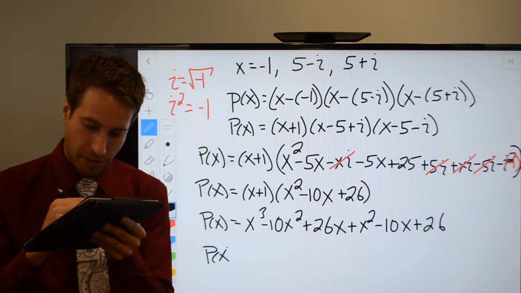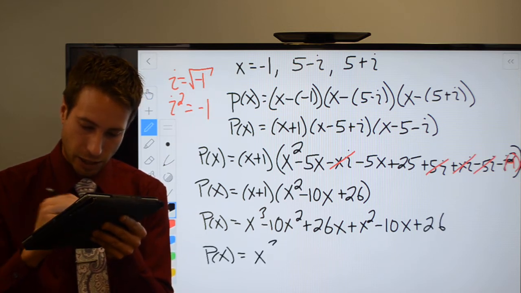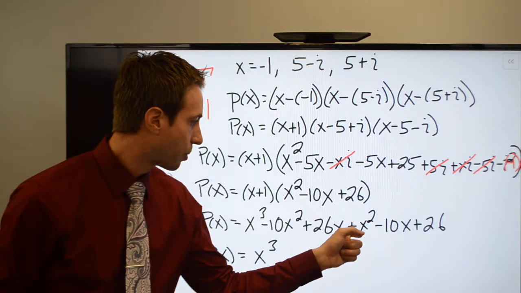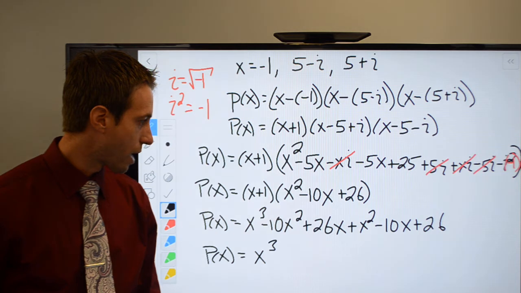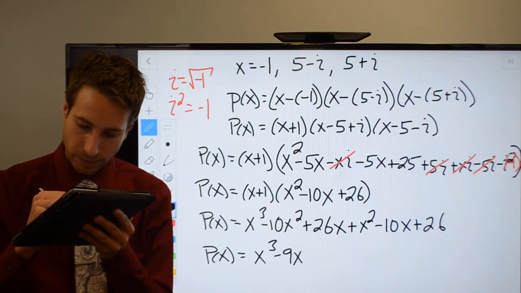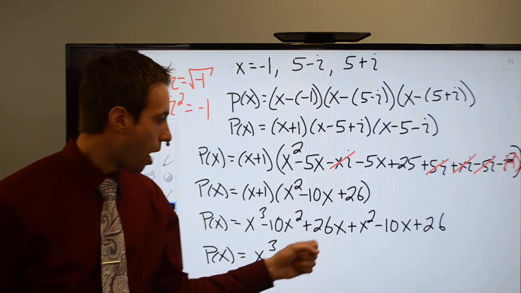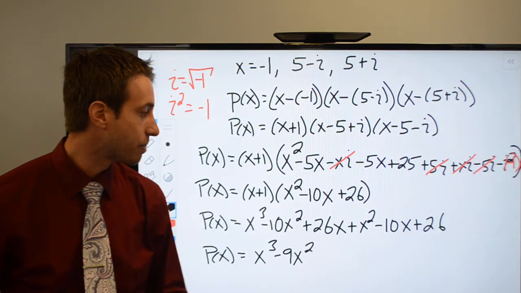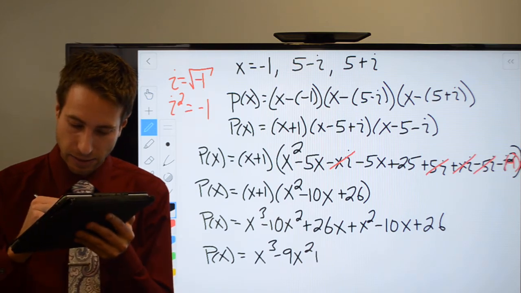Combine all of my like terms: x cubed, minus 10x squared plus x squared should give me a minus 9x squared. Positive 26x minus 10x should be a positive 16x.